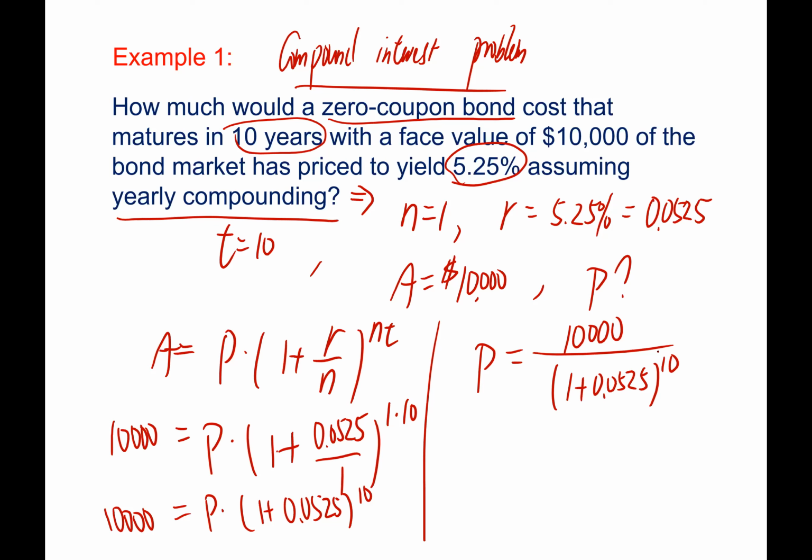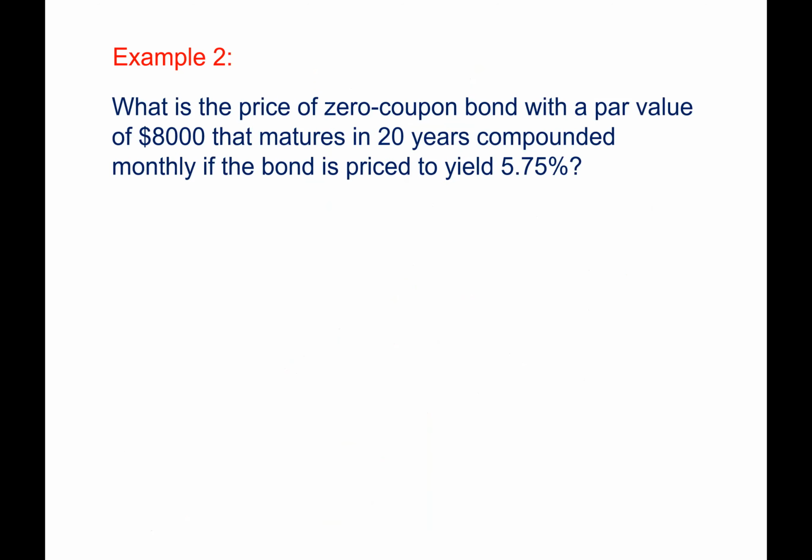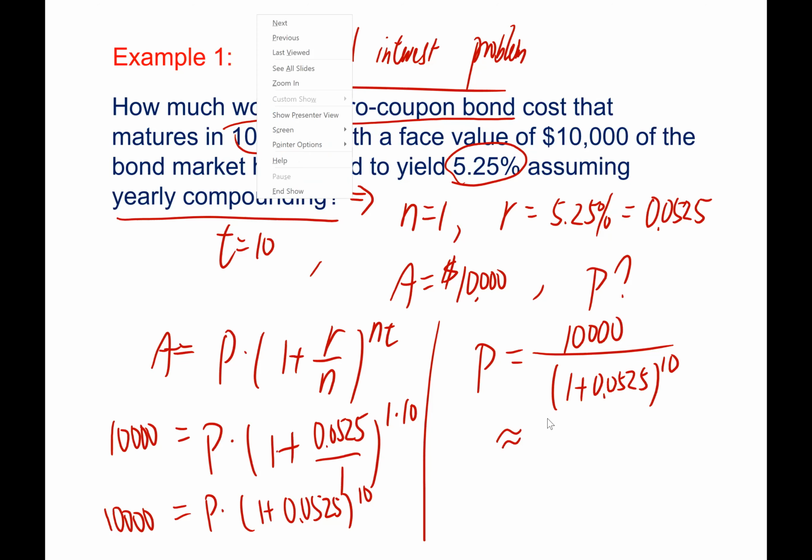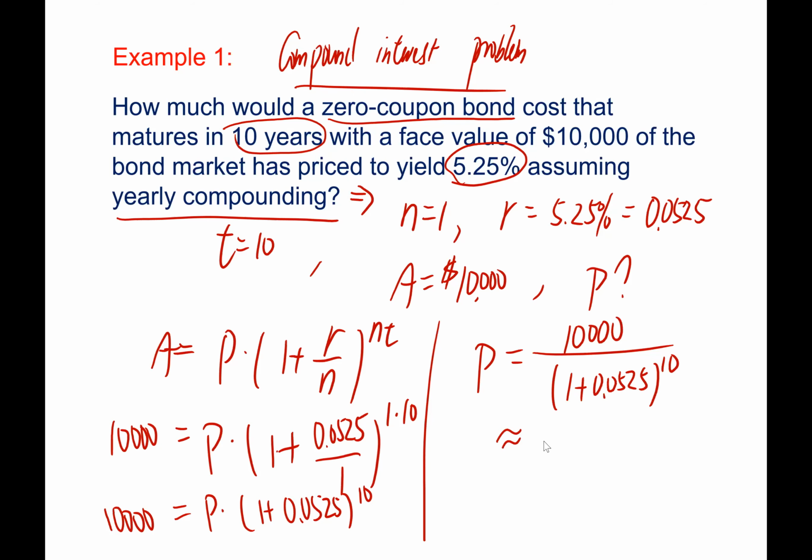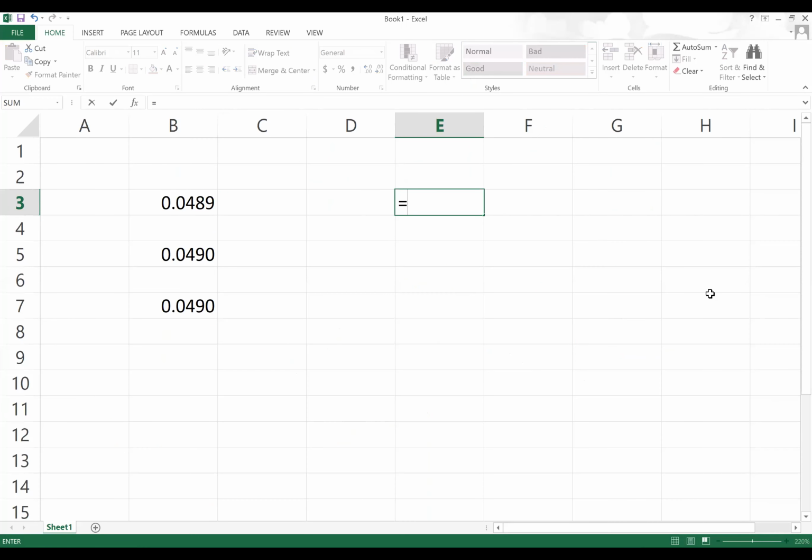And again, you should put it into the calculator. Let me show you how to get that. In Excel, you do 10,000 divided by (1 plus 0.0525) raised to the 10th power. Okay, and let's do it. And if you just input it like that, you get a result, right? So that means at the current moment, you are paying $5,994.86 for the bond.